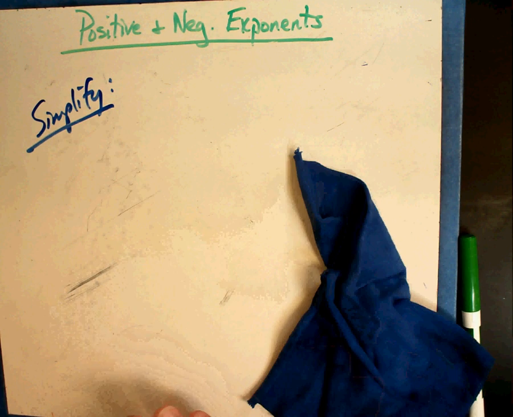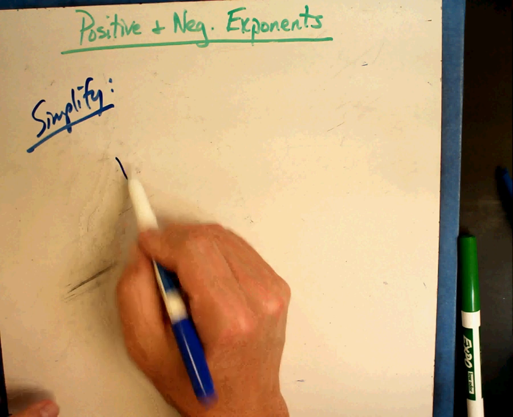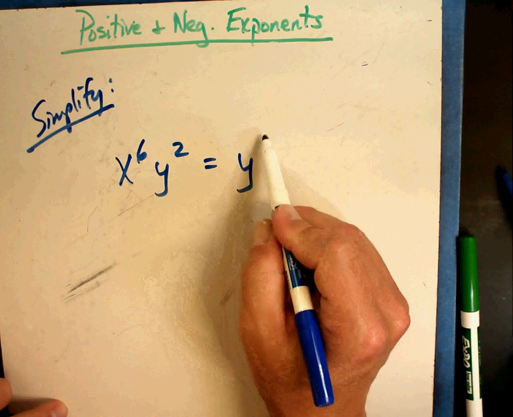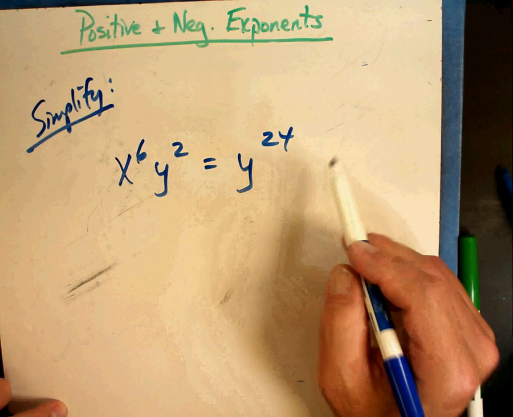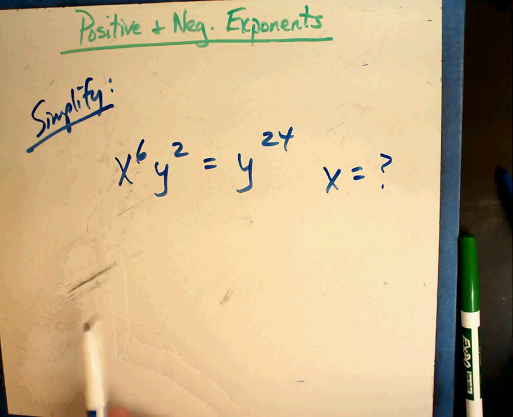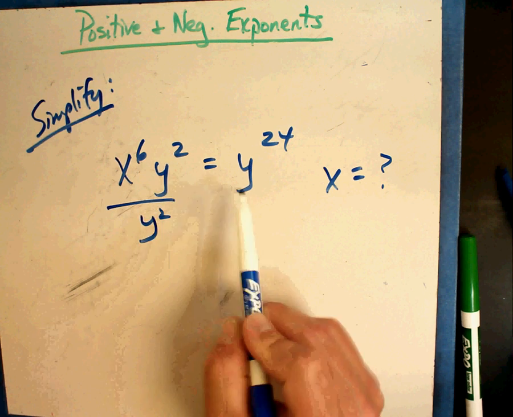If you were doing one in which you had something like x to the sixth, y to the second equals y to the 24th, and they want to know what x is equal to. Well, if I want x by itself, that means I'm going to divide by y to the second.